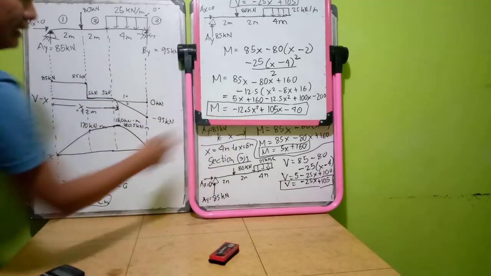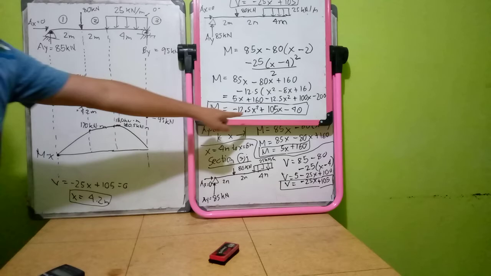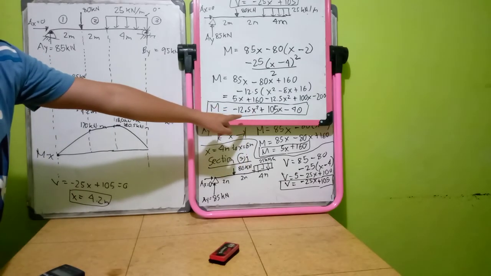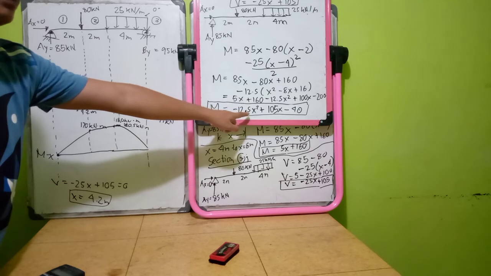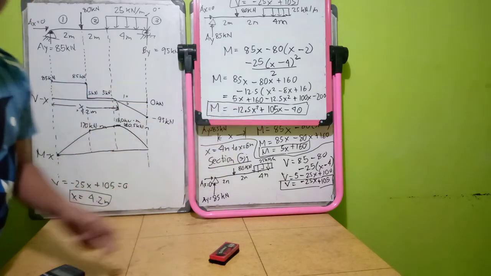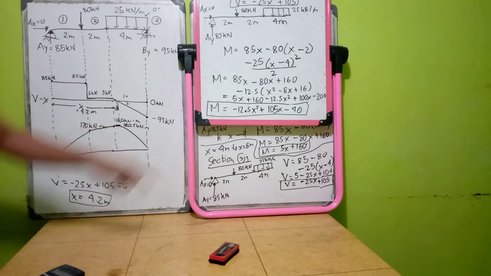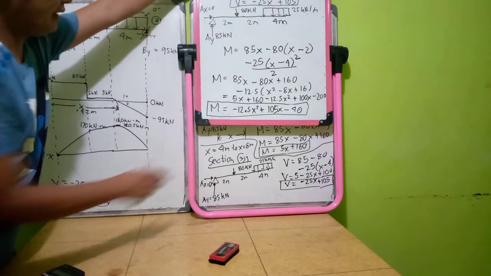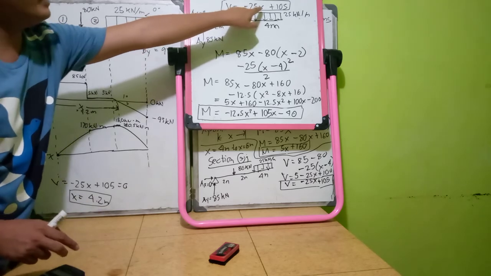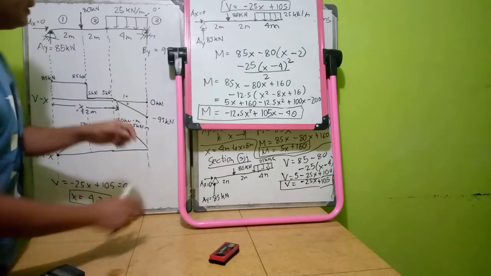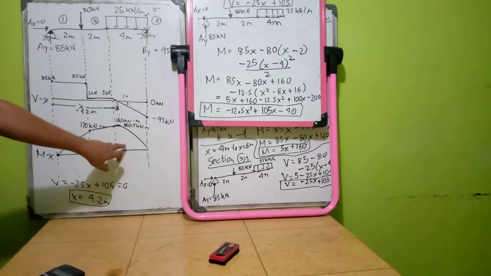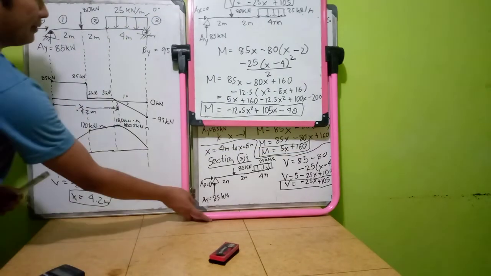As you can see here, it is a 2-degree curve because in this formula, the maximum power, the highest exponent, is 2. And this one, we have negative 25x, which has x to the power of 1, so it is a 1-degree curve. Therefore, the moment should be a 2-degree curve.